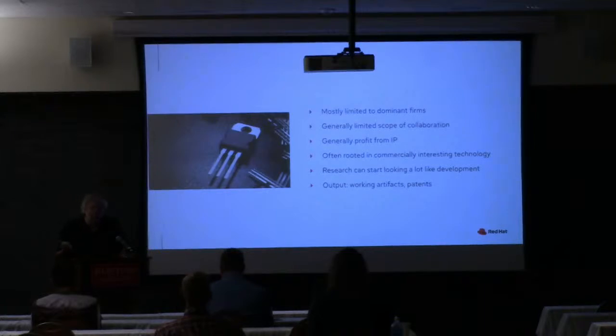And the outputs are working artifacts, things that actually work, whether it's software, or hardware, or devices, or chemicals, and patents. I mean, IBM, most notably, every year comes out with how many patents they had as sort of an attempt to signal how innovative they are.